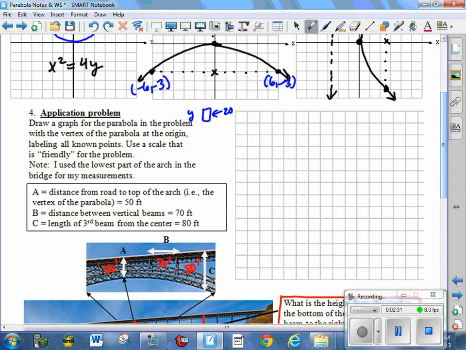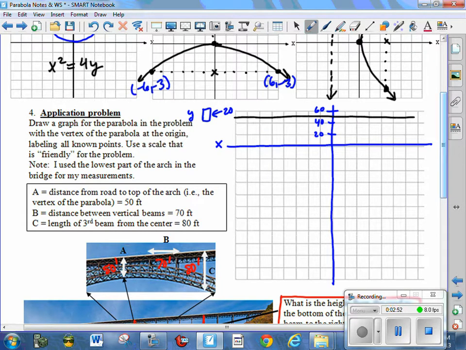I'm going to draw my x-axis right here, and then my y-axis right down the middle, and have this be 20, 40, 60. So the top of the roadway is going to be right here at 50. So that would be the top of the bridge.